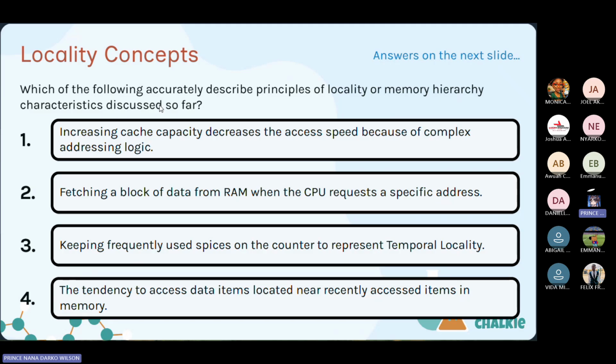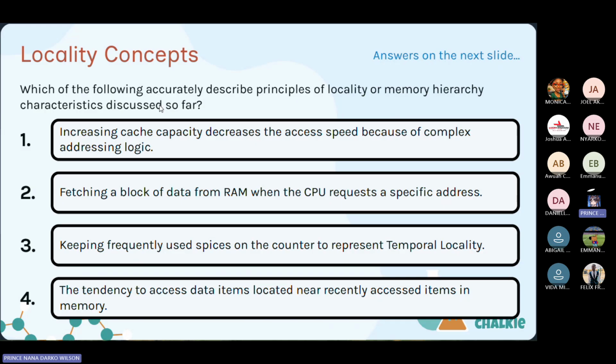Is that truly a behavior of the locality principle or the memory hierarchy we have discussed? Three, keeping frequently used spices on the counter to represent temporal locality. Is that true? Four, a tendency to access data items located near recently accessed items in memory. Do these accurately describe the principles that we have studied concerning locality and hierarchy so far?